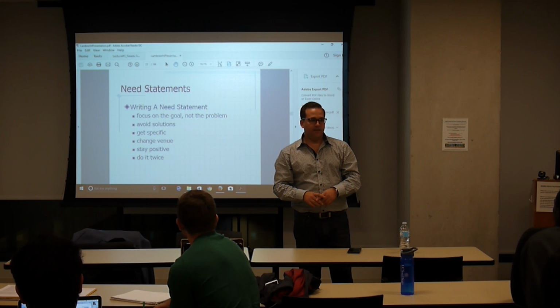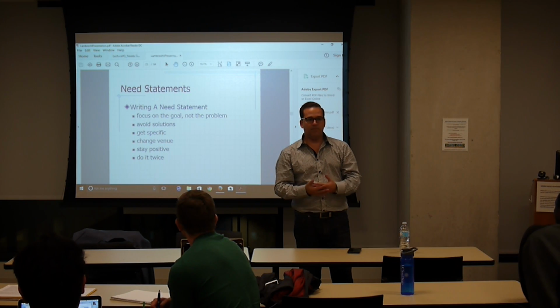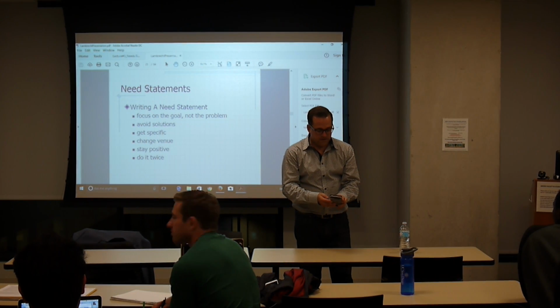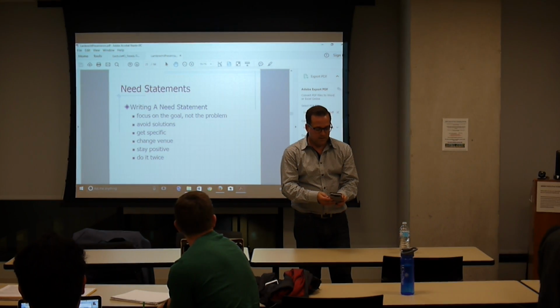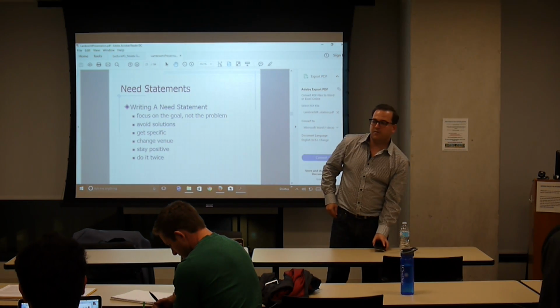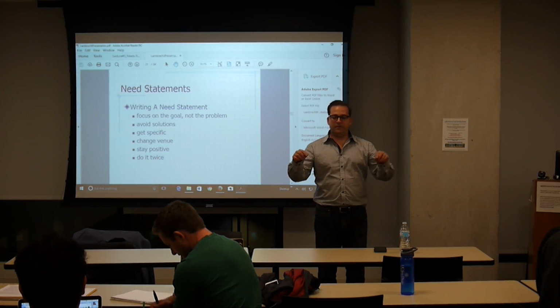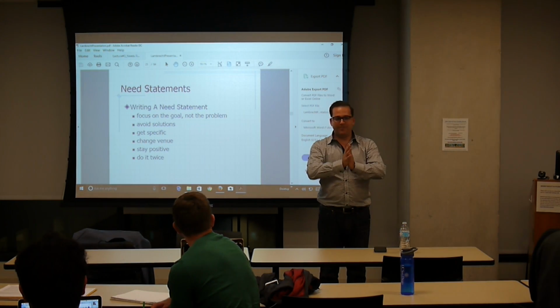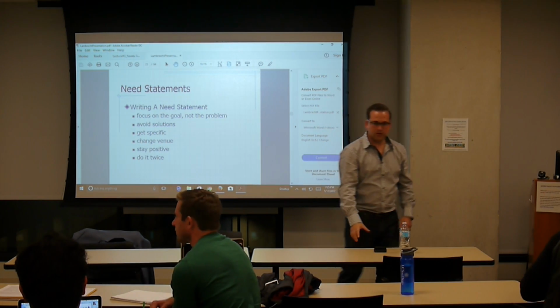Then by 7:40, in about 15 minutes, your two team members can pick the best one to write up on the board, so there'll be 5 need statements total. Thanks.